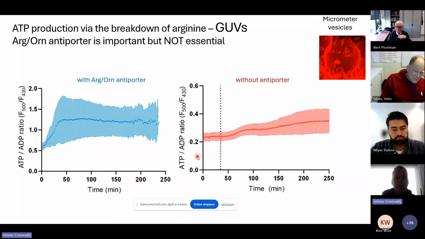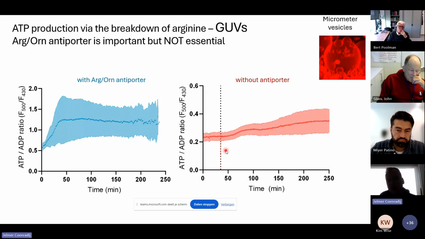But then what I did is to upscale the system. So I had the same system, but instead of submicrometer-sized vesicles, I had micrometer-sized vesicles. If we have the arginine-ornithine antiporter, we again see an increase in the ATP over ADP ratio, indicating that also in a GUV, a micrometer-sized vesicle, we have ATP formation.